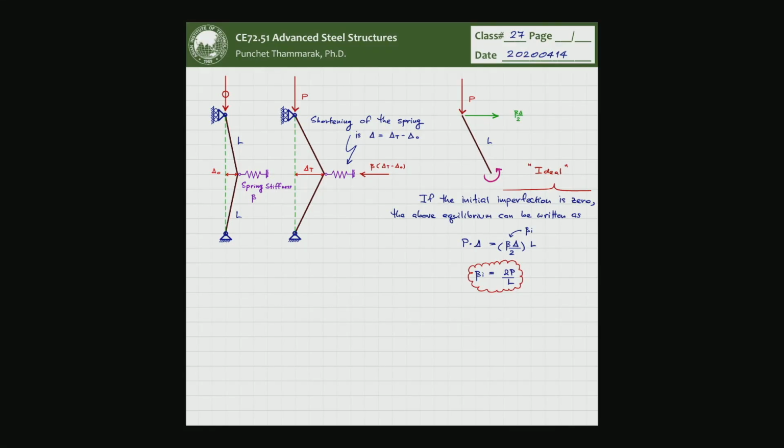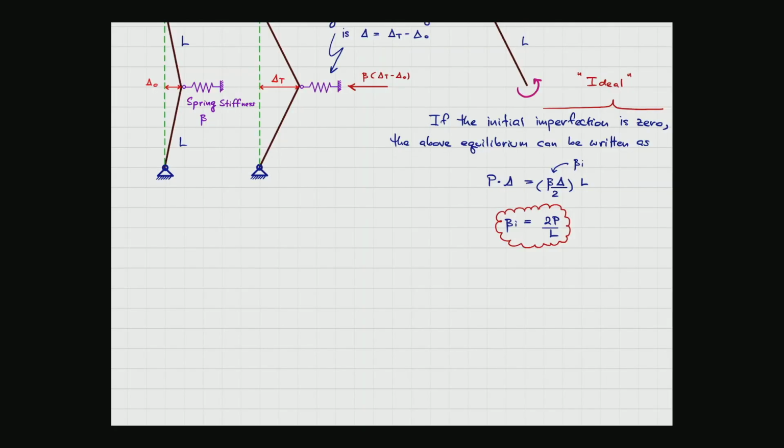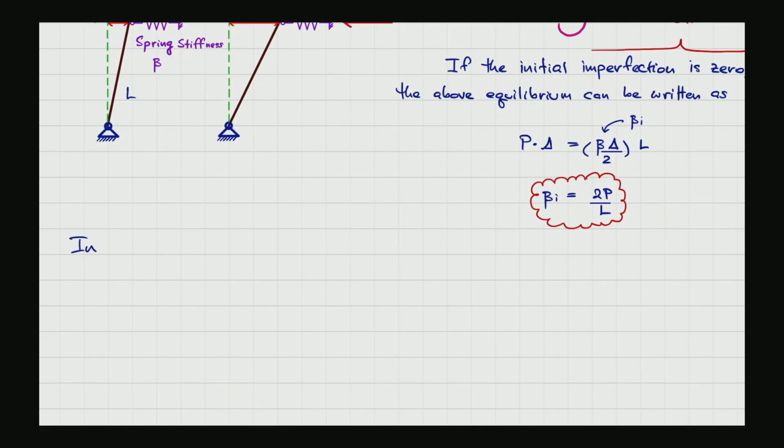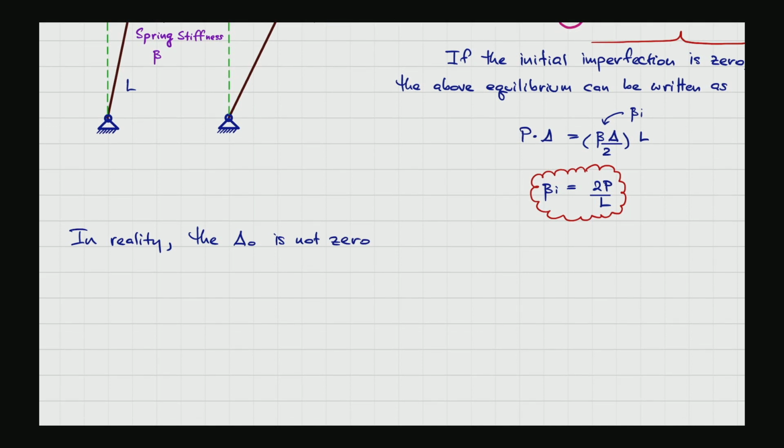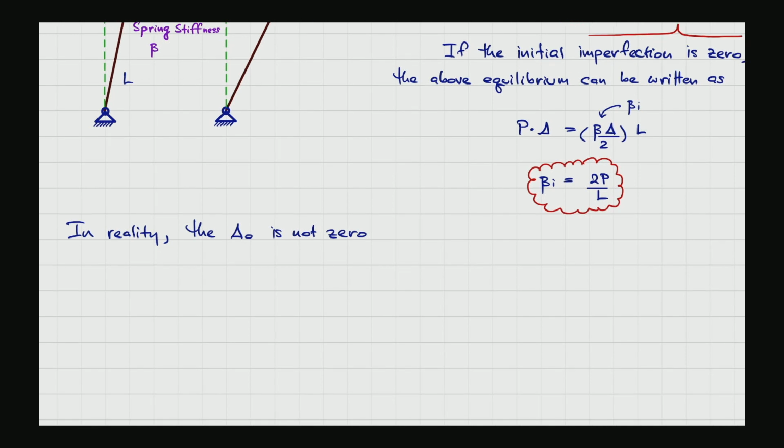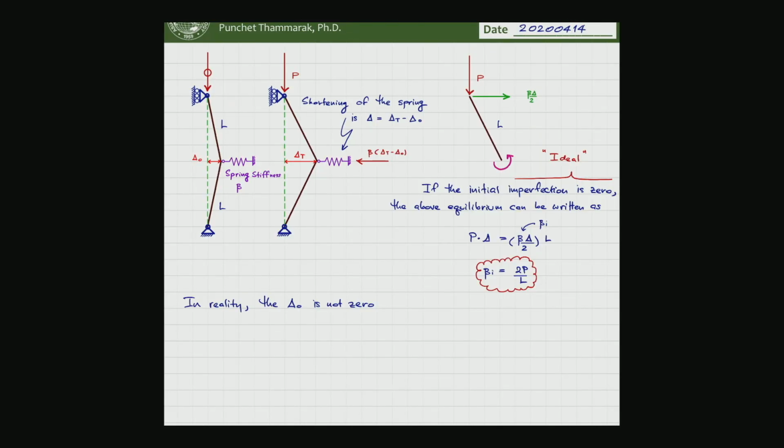Now, the derivation will be extended in order to cover the possibility of having the delta naught. In reality, the delta naught is not 0, and as the delta naught is not 0, we will cast the equation in a slightly different way.